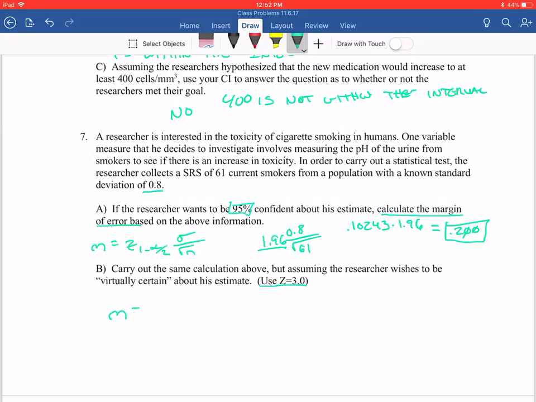So m equals 3 times our 0.10243 for our standard error, because it didn't change from above. And we multiply this out, you're going to get a value of 0.307. So if you wanted to be virtually certain, you would use a margin of error of 0.307.